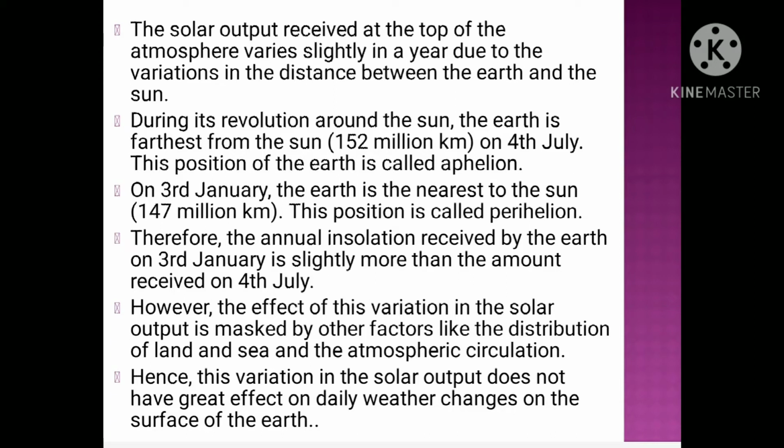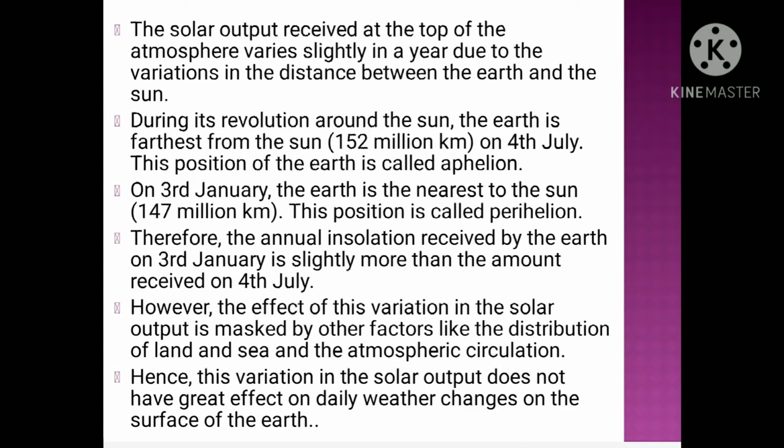affect the insolation process. It also depends upon the position of Earth with respect to Sun. When Earth is closest to the Sun, which is on 3rd of January, that position is called perihelion, and when Earth is farthest from the Sun, that position is called aphelion. So basically, when the Sun is closest to the Earth, the insolation received will be more as compared to the position when Earth is farthest from the Sun.